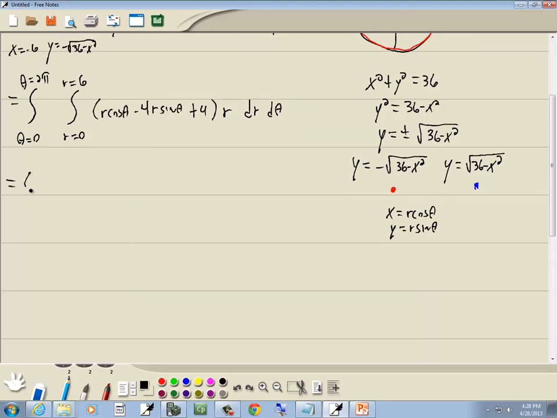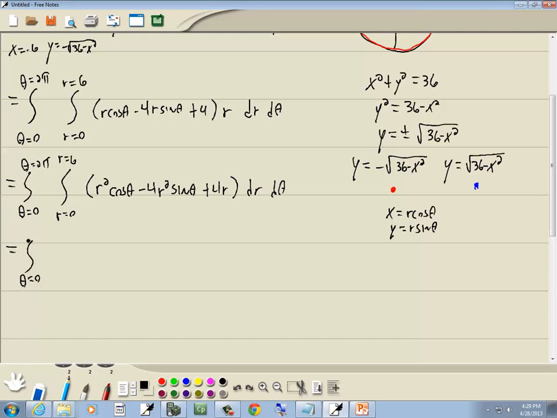So then this becomes theta from 0 to 2 pi, r from 0 to 6, and I'll multiply the r through, which gives us r squared cosine theta minus 4r squared sine theta plus 4r dr d theta.